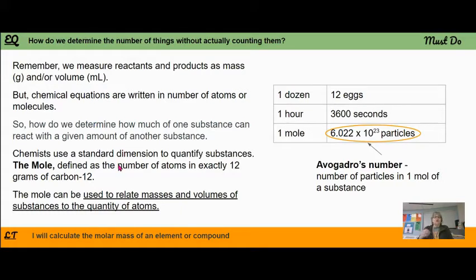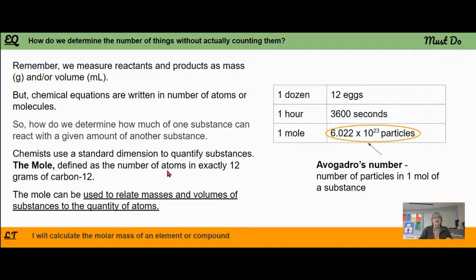So we use a standard dimension to quantify substances. Our standard is called the mole. The mole is defined as the number of atoms in exactly 12 grams of carbon 12. Remember, carbon 12 would be carbon with 6 neutrons.